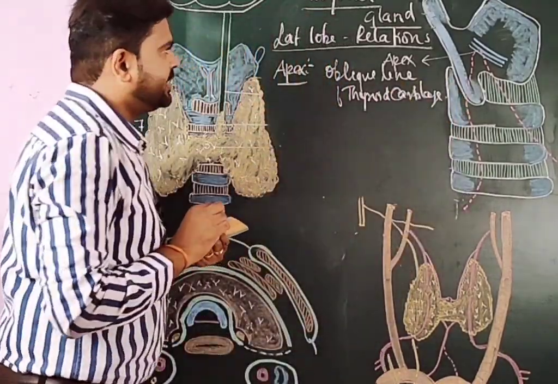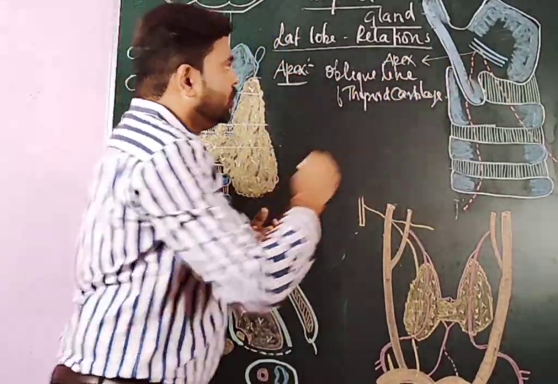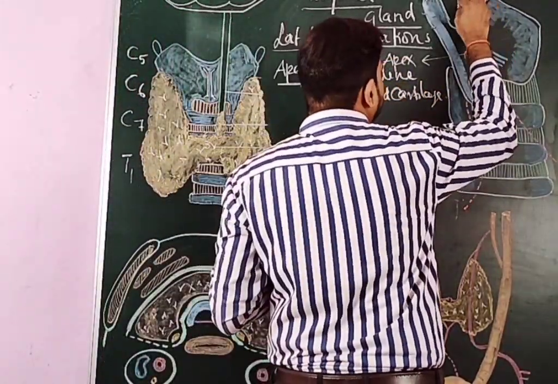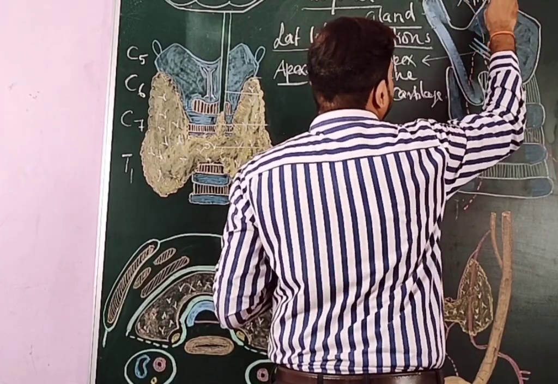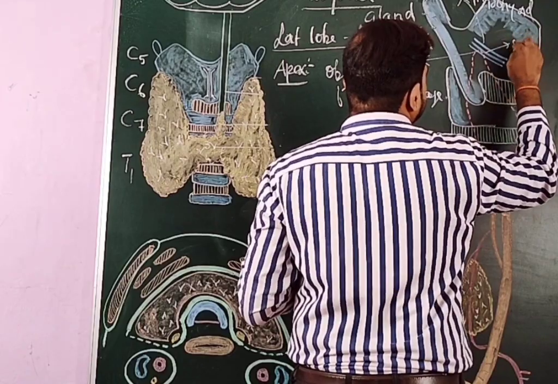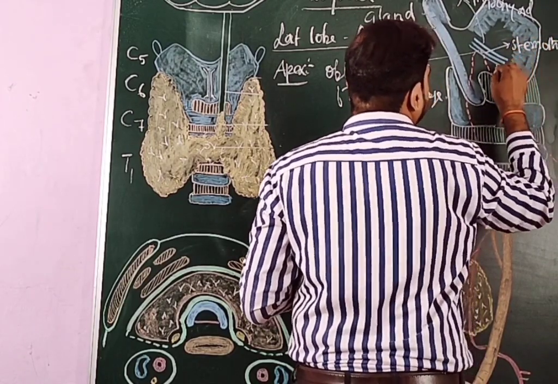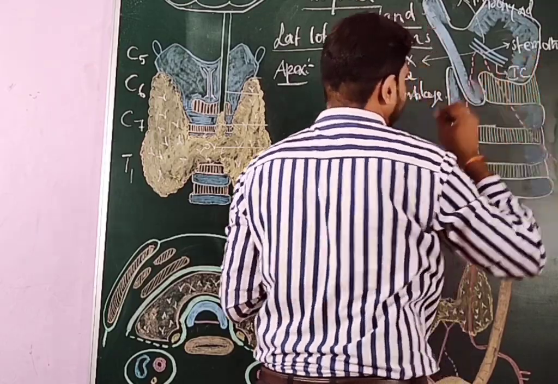Here you can see at the oblique line three important muscles are attached. What are the three muscles? This is the thyrohyoid muscle, this is the sternothyroid muscle, and this is the inferior constrictor muscle.